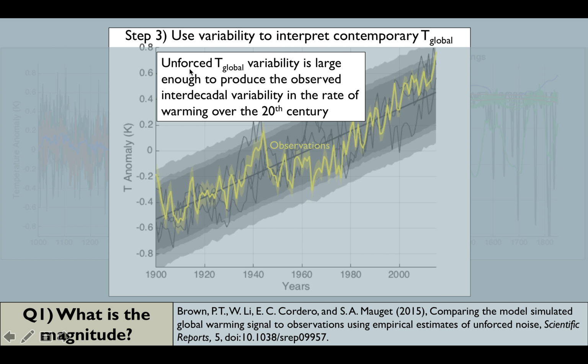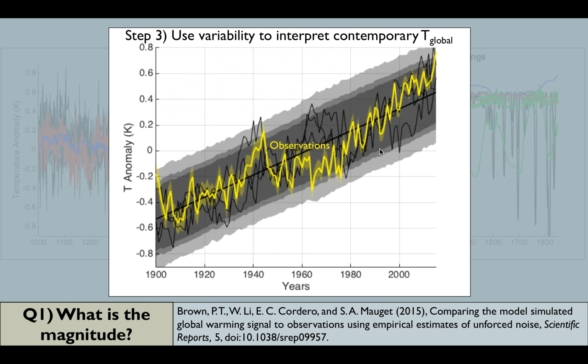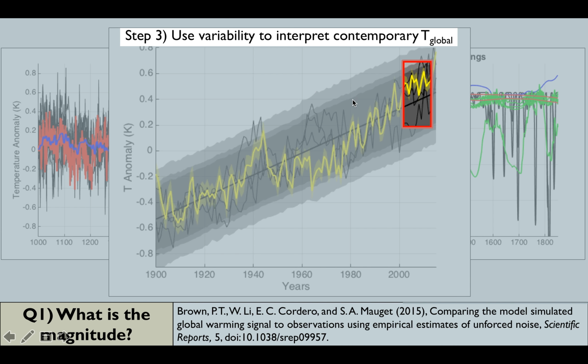So another way to say that is that unforced global temperature variability is large enough to have produced the observed interdecadal variability in the rate of warming over the 20th century. And then other things we can do with this model is, for example, look at the recent so-called hiatus in global temperature change.